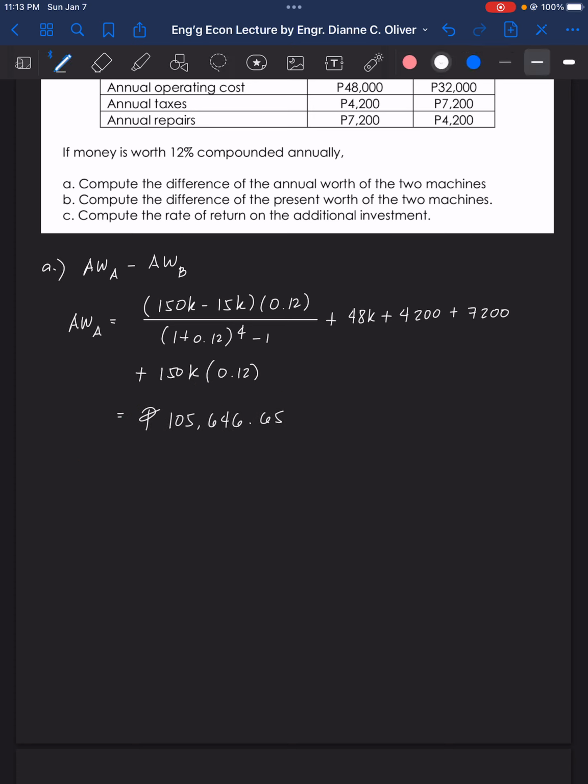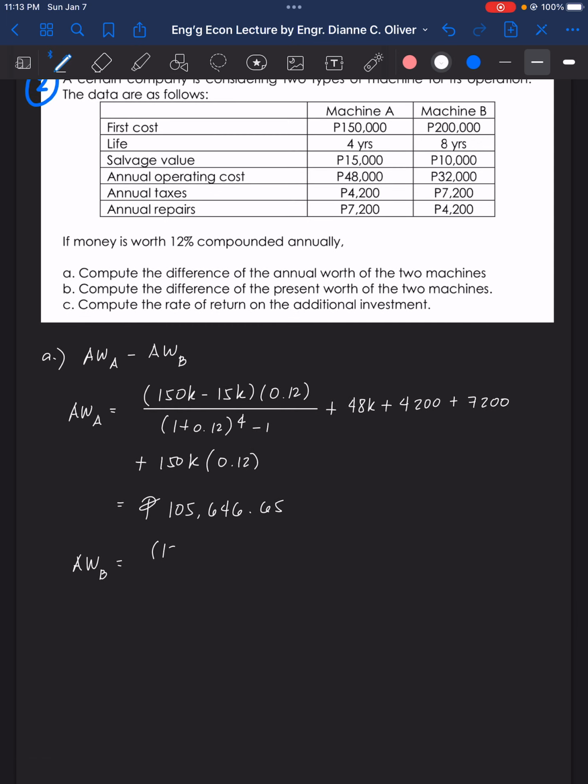For annual worth B, the depreciation here will be 200,000 minus the salvage value of 10,000, times 0.12, divided by 1 plus 0.12 raised to the life of 8 years minus 1, plus the annual operating cost of 32,000, plus annual taxes of 7,200, plus annual repairs of 4,200, plus the interest on investment of 200,000 times 0.12.